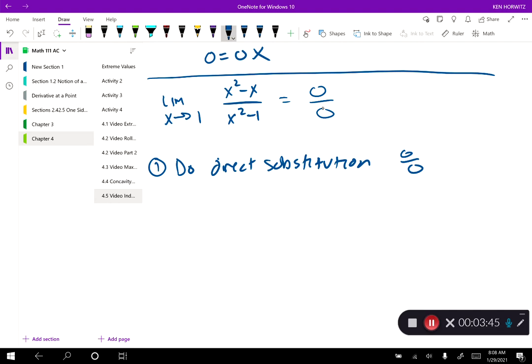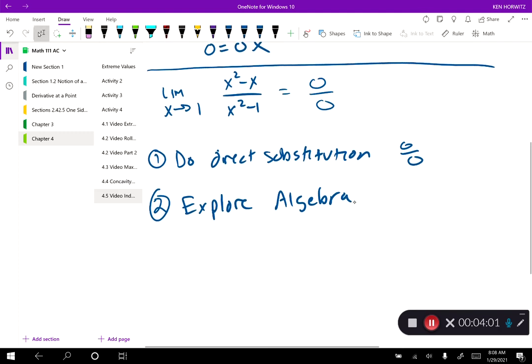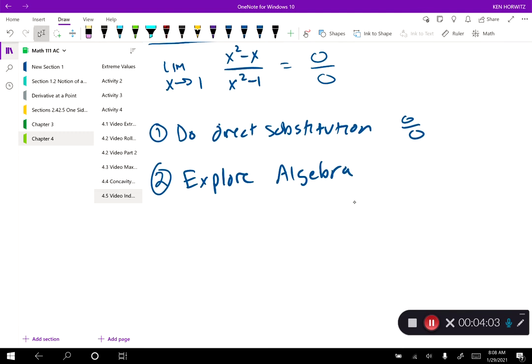So let's see. There's a couple of different algebraic things we can do. So let's explore algebra. Now in the limits section, I would have taken this and tried to factor it. So let's try to factor it.